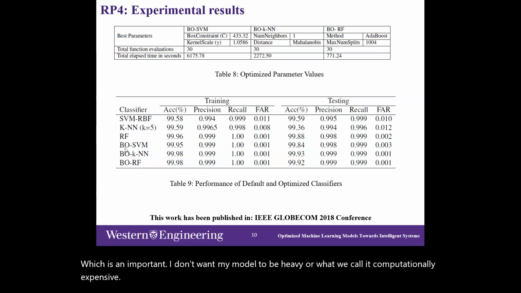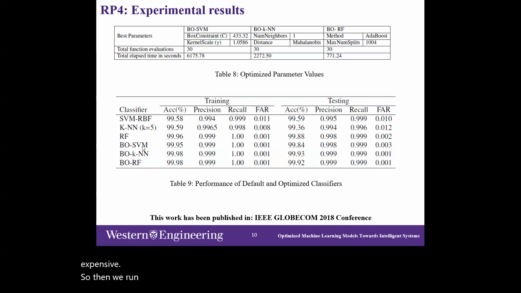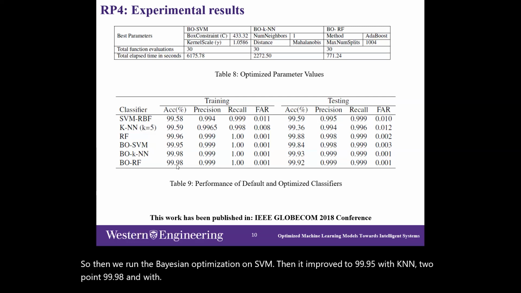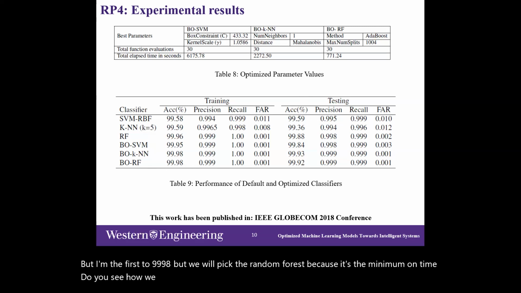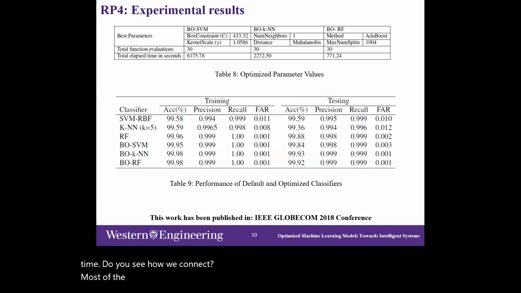Then we run the Bayesian optimization: SVM improved to 99.95, KNN to 99.98, and random forest to 99.98, but we will pick the random forest because it's the minimal in time. Do you see how we connect most of the topics that we talked about from the beginning of the term till today?